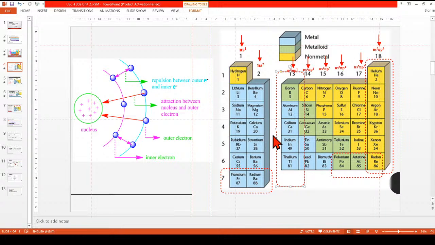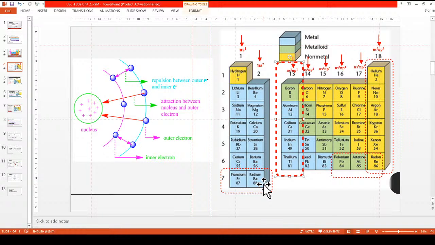For this group there is boron, group 13 elements. Below boron there is aluminium, gallium, indium and thallium. So remember these names: boron, aluminium, gallium, indium, thallium.